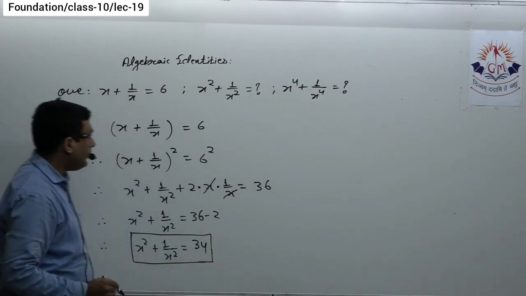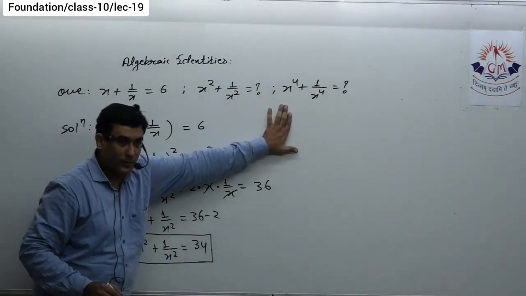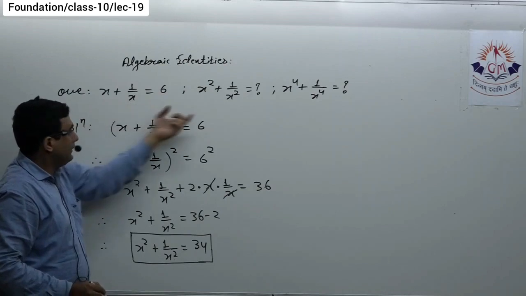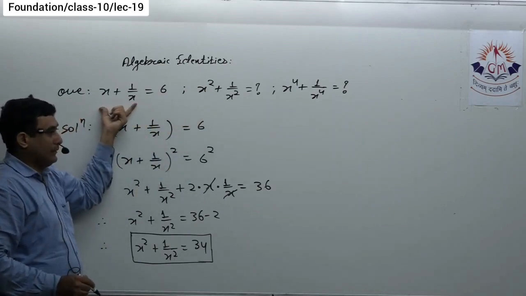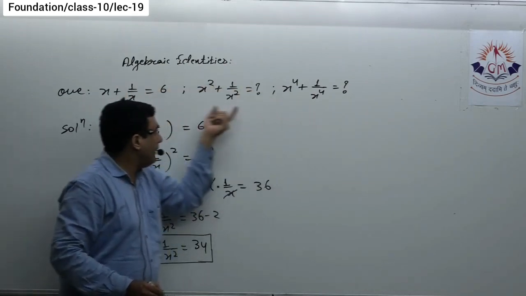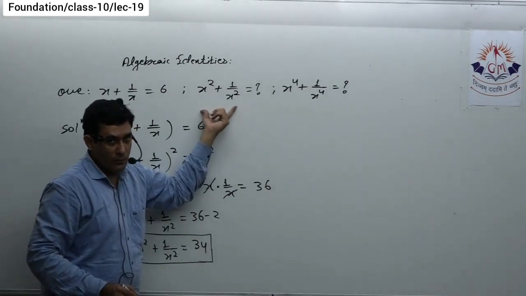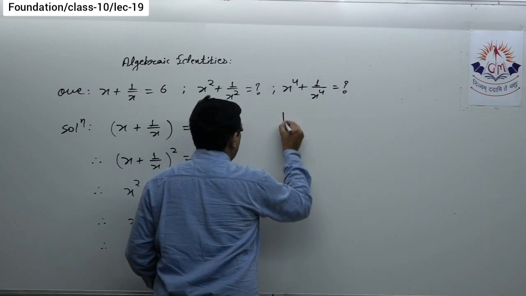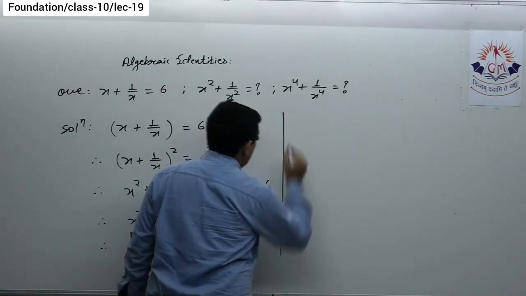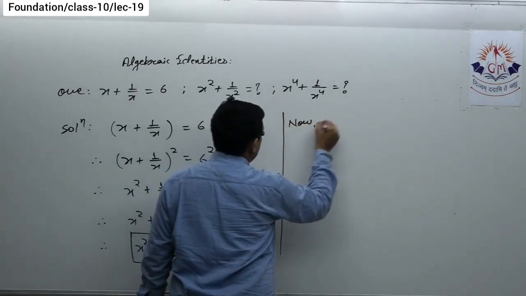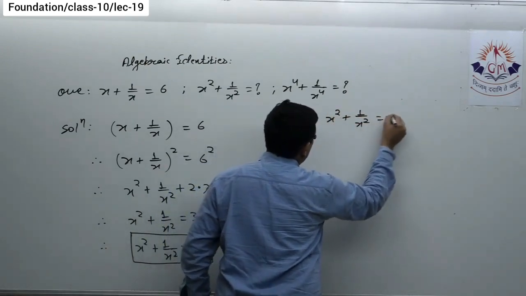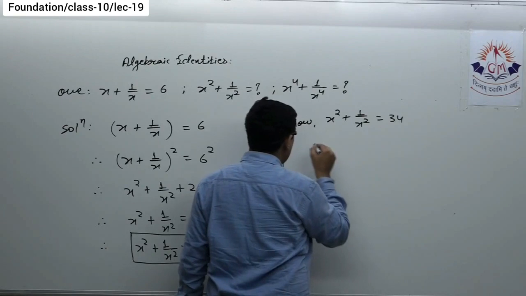Now we need to get the value of x raised to 4 plus 1 upon x raised to 4. As you can observe, to get this, I squared this. So to get this, I have to make the square of this. Now I have the value of this, so I will start by squaring. x square plus 1 upon x square is equal to 34.